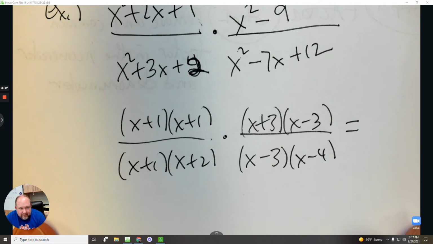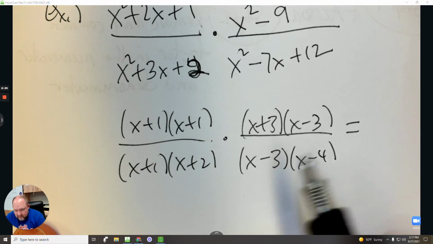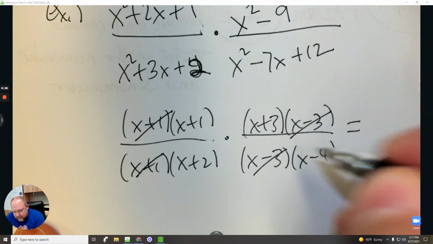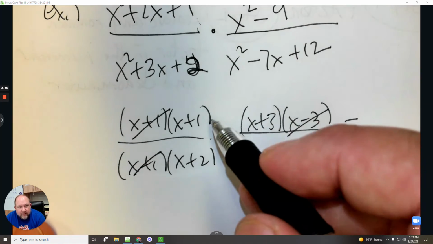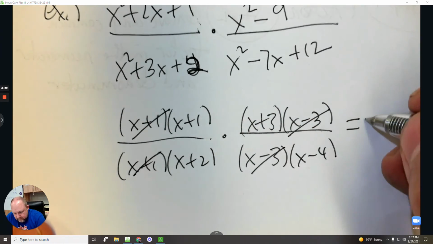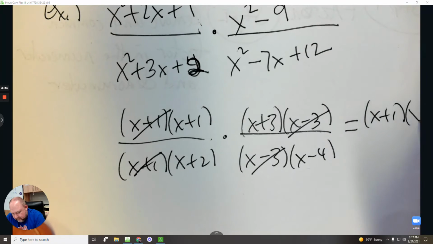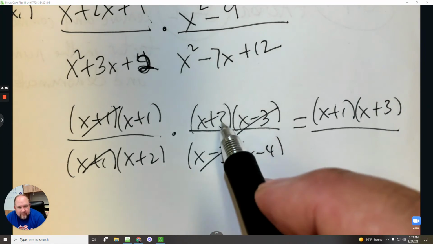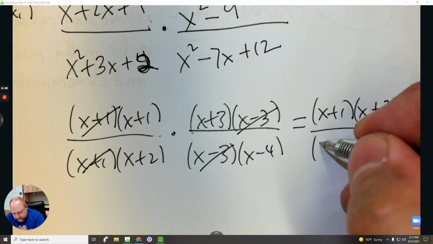And now simplify this. So anything in the numerator can remove anything in the denominator, even if it's not the same fraction. So x plus 1, they remove. x subtract 3, they remove. And there's nothing else that removes. So we're just going to put them beside each other, and there's our numerator, and then our denominator.